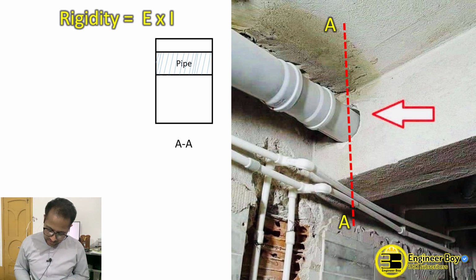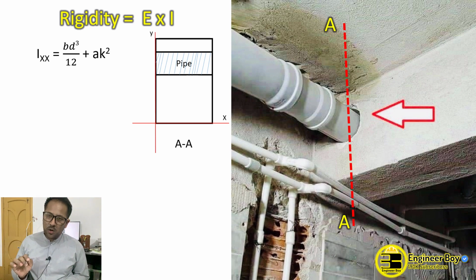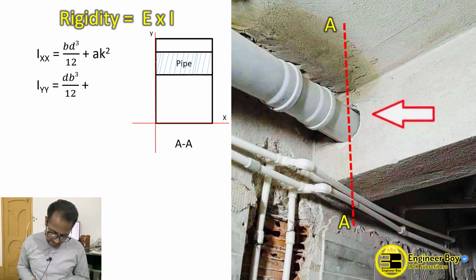Let's say there we have the y-axis and then the x-axis. So Ixx is going to be bd cubed by 12 plus Ak squared, and about the y-axis, that's going to be Iyy, and that's going to be db cubed by 12, plus Ar squared. Okay, if you remember that from the second semester.